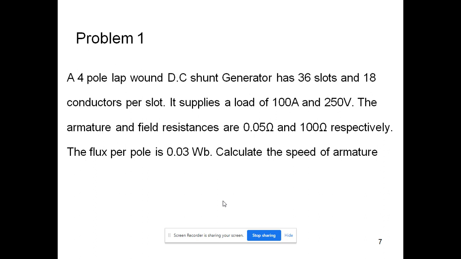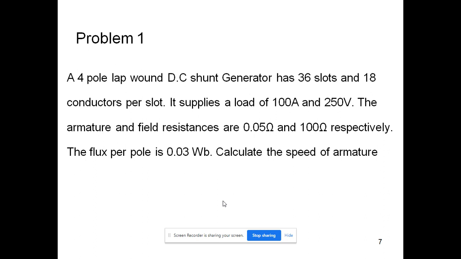The armature and field winding resistances are 0.05 ohms and 100 ohms respectively. The flux per pole is 0.03 Webers. Now calculate the speed of the armature.